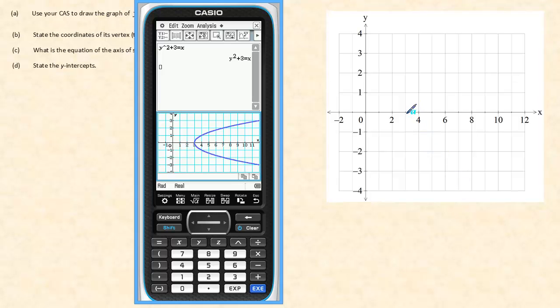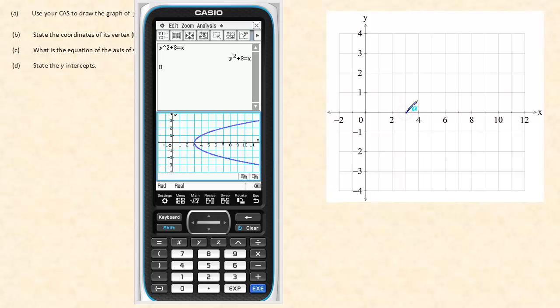So what we can see is that it actually goes through this point just here. Now, let's see if we can see any other grid points. Well, at 4, it seems to go through 1 and -1 like so.